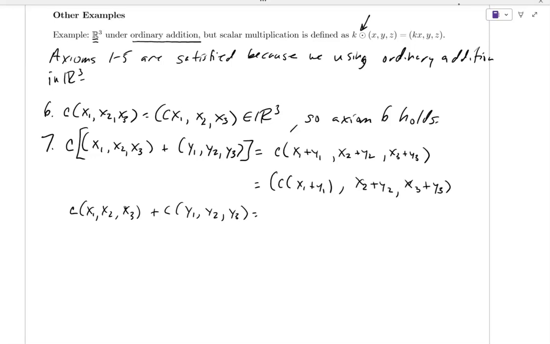All right. What about the other case? What are we going to do first in the next one? Multiply. What do we get for the first one? cx1, x2, x3. And the other one will be the same thing, but with y's, right? And then we add, what do we end up with?